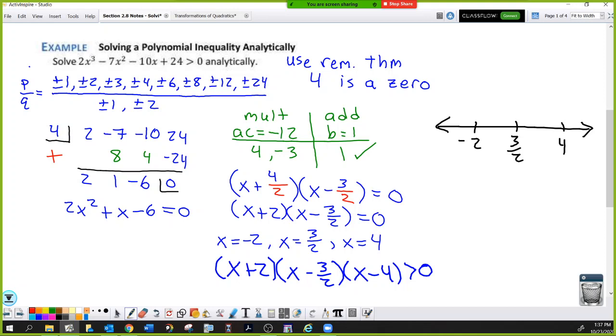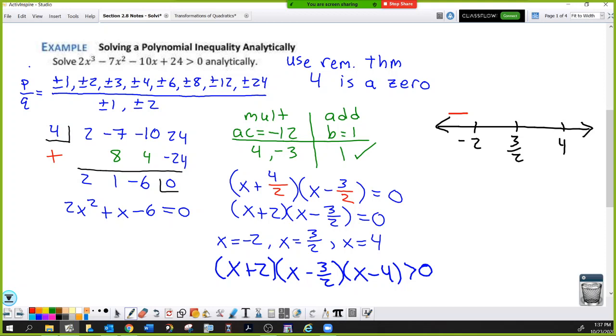If you choose the number negative 3 and you drop negative 3 in, the first set of parentheses is negative, the second set of parentheses is negative, and the third set of parentheses is negative. So if you drop in negative 3, all 3 are negative. What's the result? Negative, because you're multiplying 3 negative numbers. All right, that's not part of the solution set because we're trying to look for the positives.